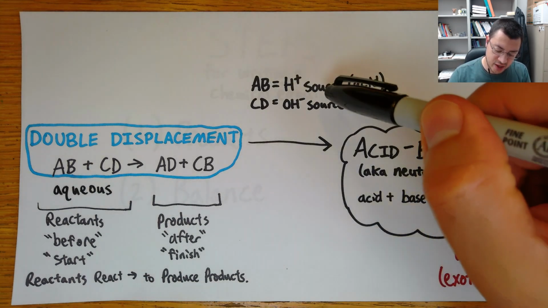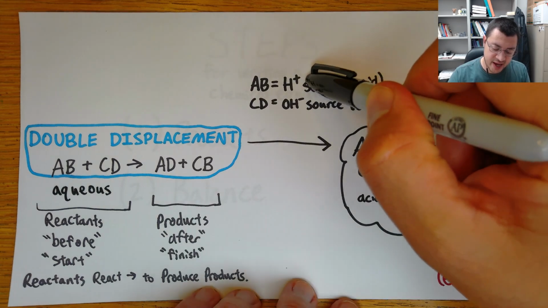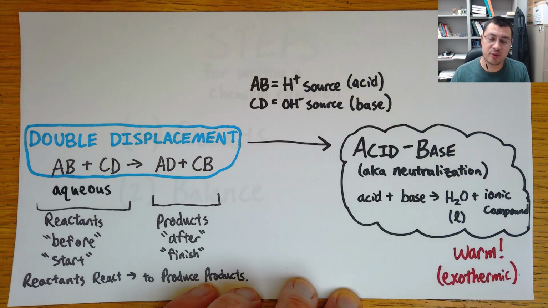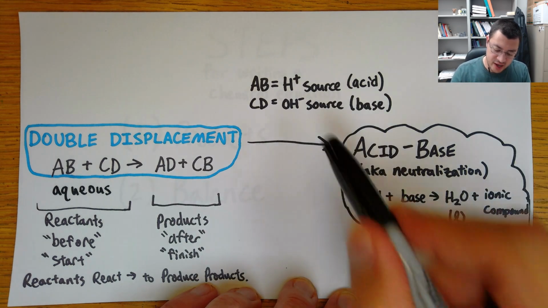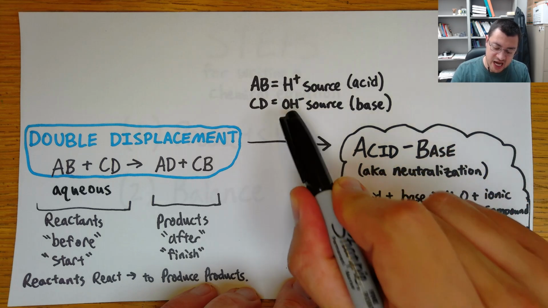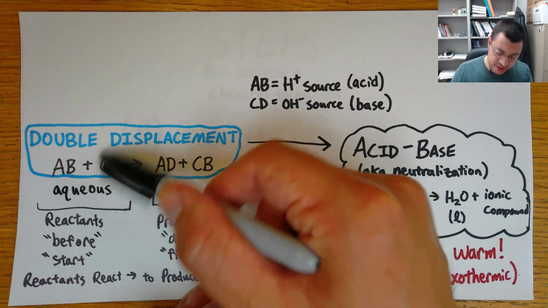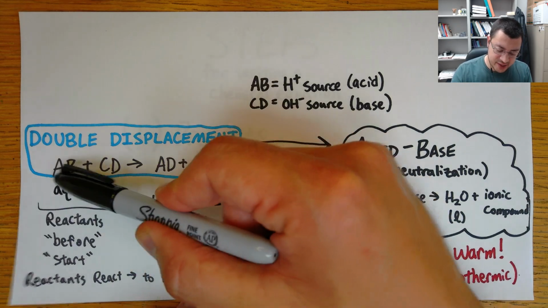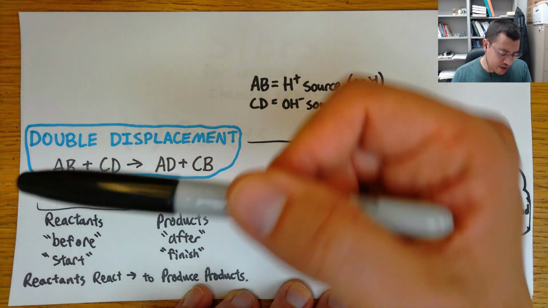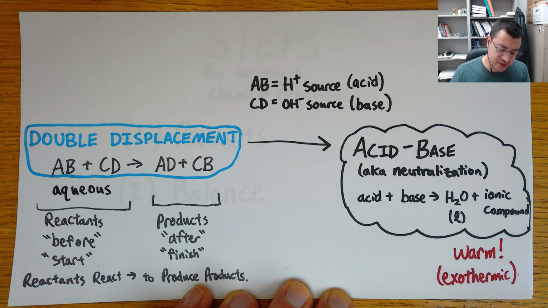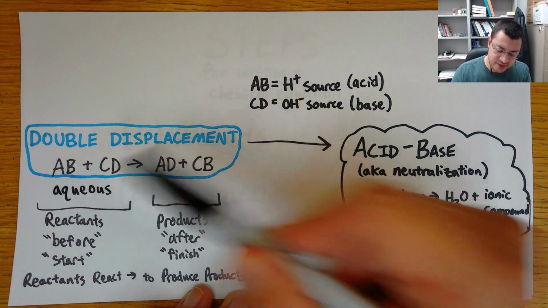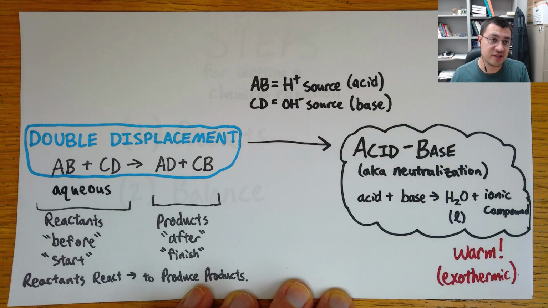Today we're doing acid-base reactions, another example of double displacement. For acid-base, you're going to need an acid, which is an H+ source, a proton source, and a base. Our bases today will be hydroxide, OH-, sources. The acid could be a strong acid or a weak acid, and for our bases, we'll just limit it to hydroxides today.